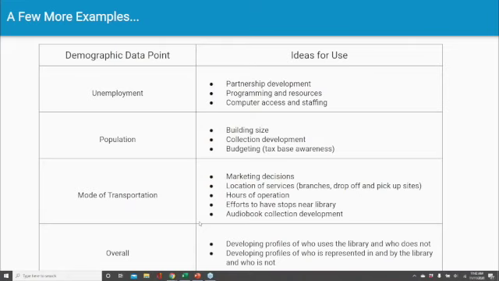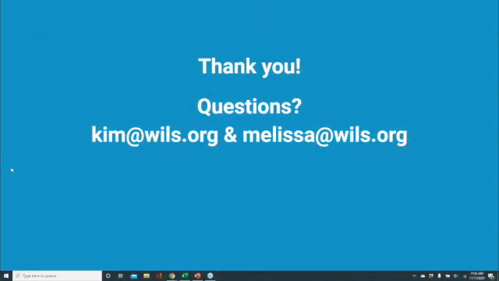With unemployment, that might guide your local partnerships, obviously with job centers, or it might give the library ideas for programs related to refreshing your job skills or giving resume help.